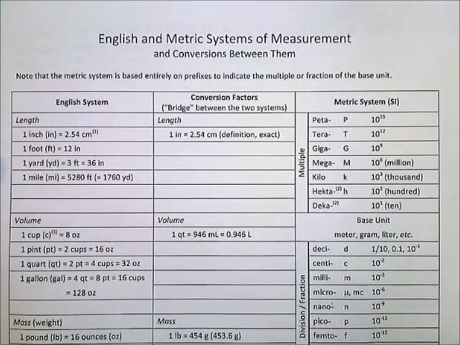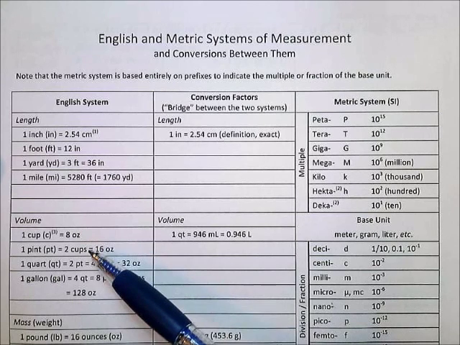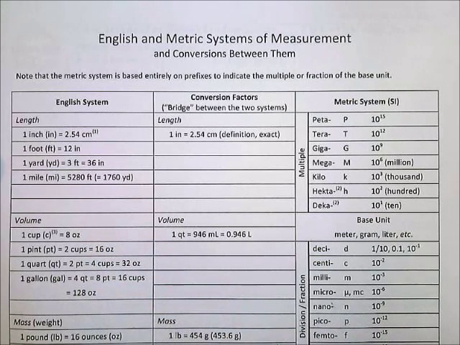Or in the case of a very few of my students that have never been in the kitchen at all, some of the volume conversions, cups, pints, quarts, and gallons, are new to them because they haven't used them since elementary school and they don't have any practical experience with them.